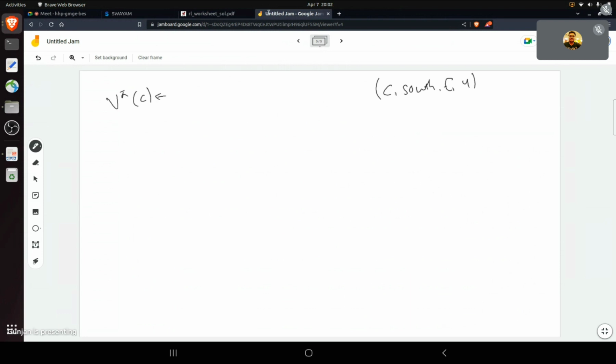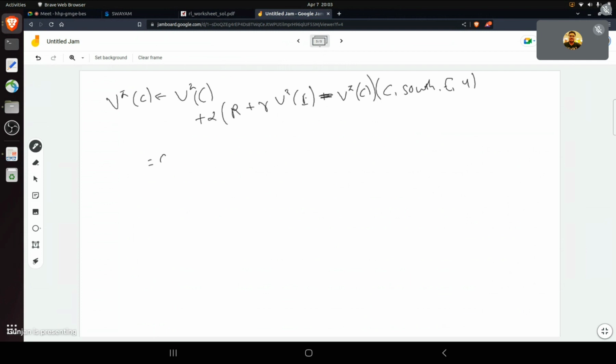So V pi of C will be V pi of C plus alpha times the reward that you get, plus gamma times V pi of E, since from C you are going to E, and we subtract the V pi of C.